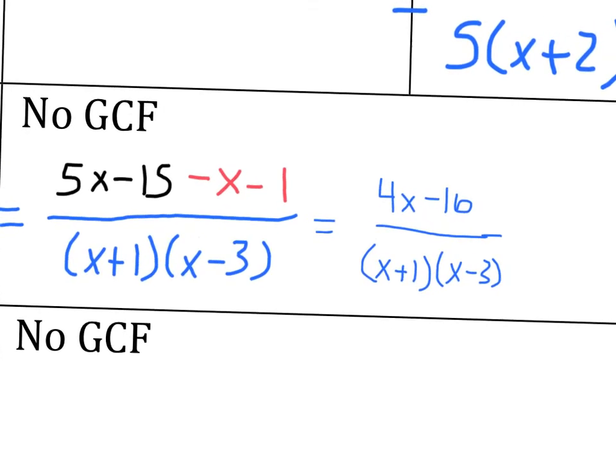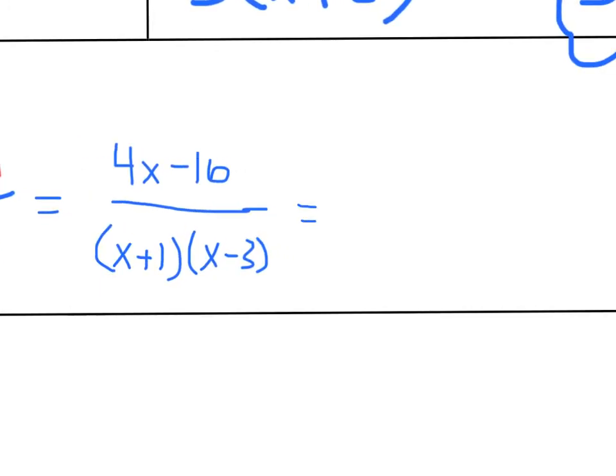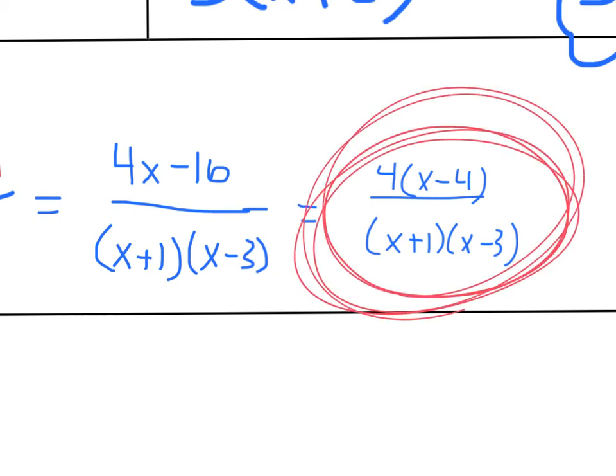I do want to see if anything simplifies. So I'm going to factor the numerator like so. And the bottom denominator is still factored. And since nothing reduces, no x minus 4s down here, no 4s over here to reduce, this is my final result.